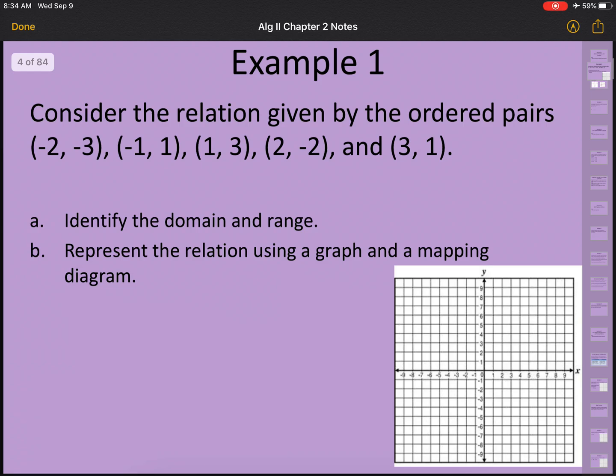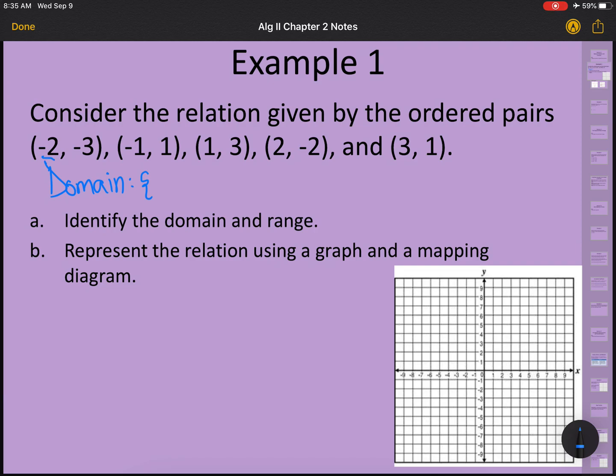So in example 1, we have to consider this relation given by the ordered pairs. Part A says, okay, identify the domain and the range. So first I want to find the domain. The domain, we said, was all of our x values. And what I'm going to do is put them in these fancy curly brackets, and I want to order them from least to greatest every single time.